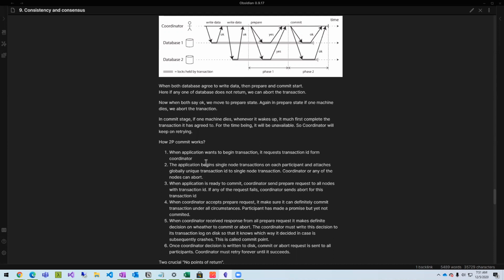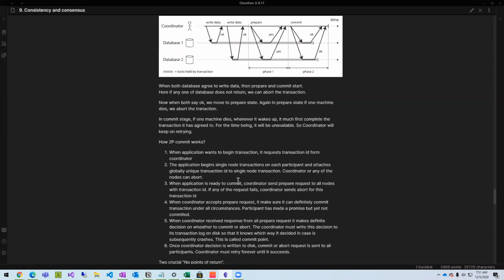Then the application begins a single node transaction on each participant and attaches the globally unique ID to the single node transaction. Coordinator or any of the nodes can abort up till this point. So this is the point when the application will write data on these individual nodes, right? But again, this data is still not committed. It has just written the data.